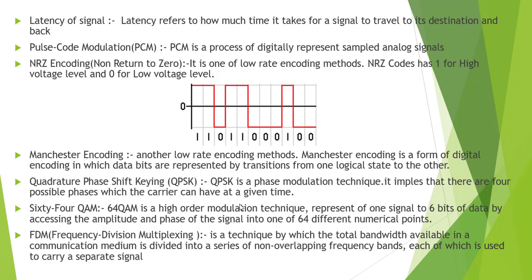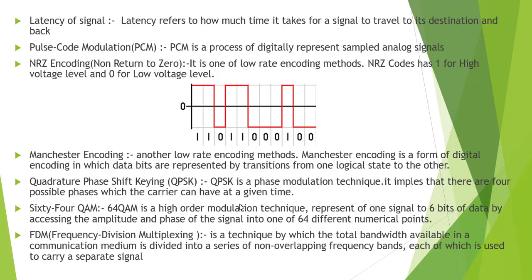Another thing is PCM. PCM means pulse code modulation. It is a method used to digitally represent sampled analog signals. It is the standard form of digital audio in computers, compact discs, digital telephony, and other digital audio applications. There are many line encoding methods available.